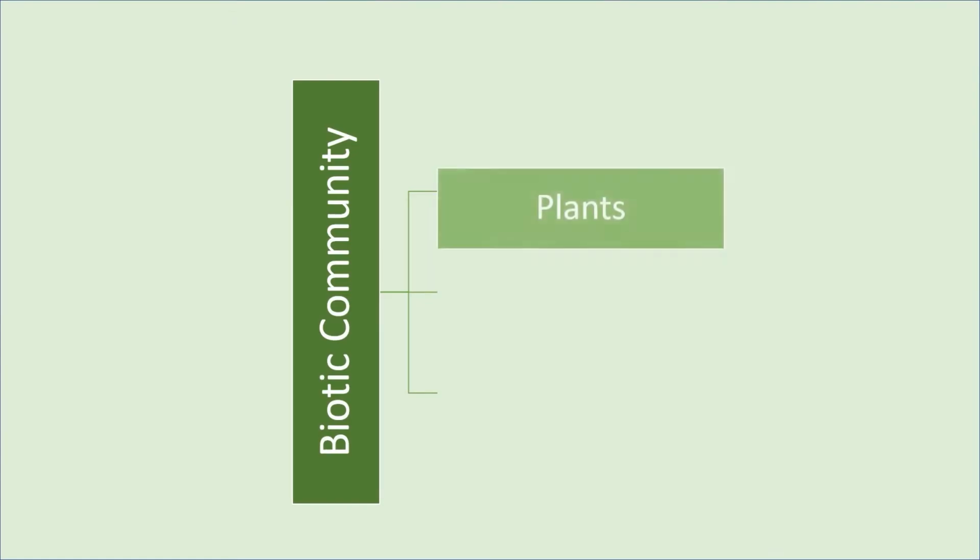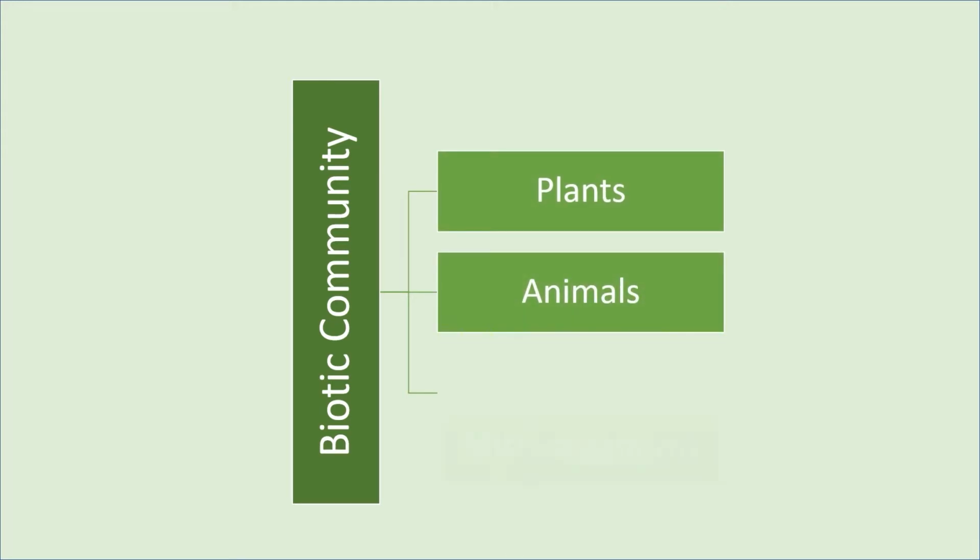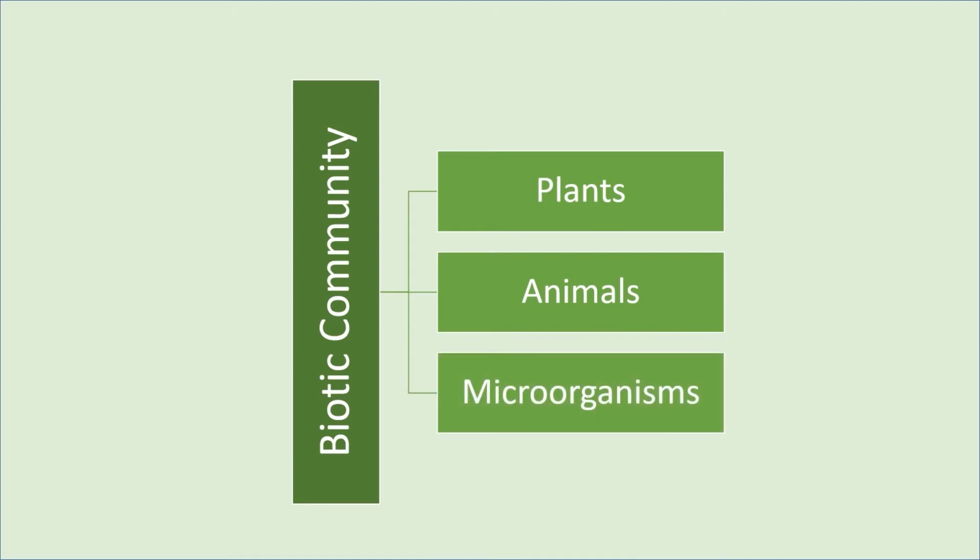They also interact with the plants as well as the animals. And the community, together with its surrounding non-living environment, is called the ecosystem, which we had already discussed earlier.